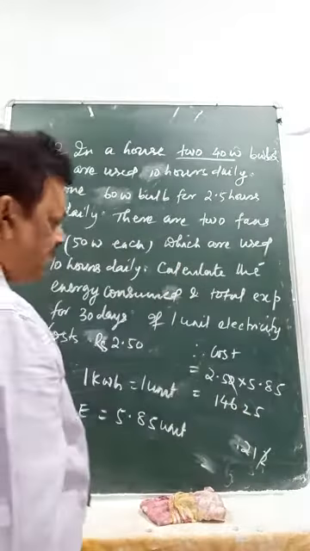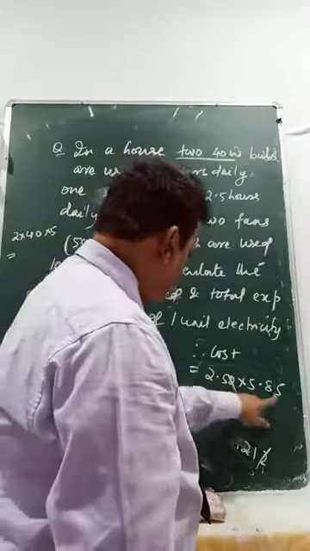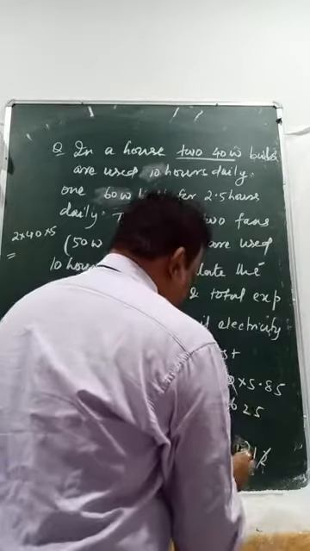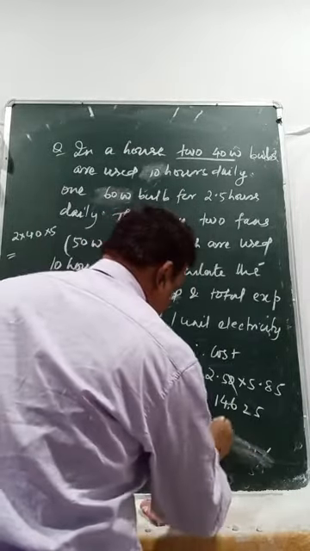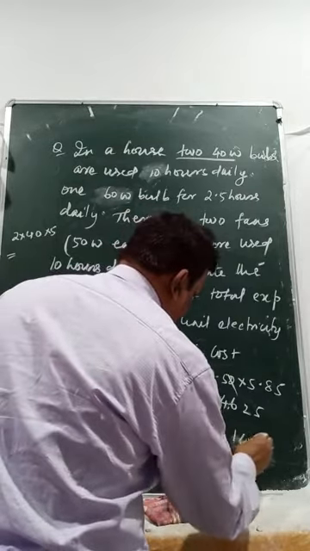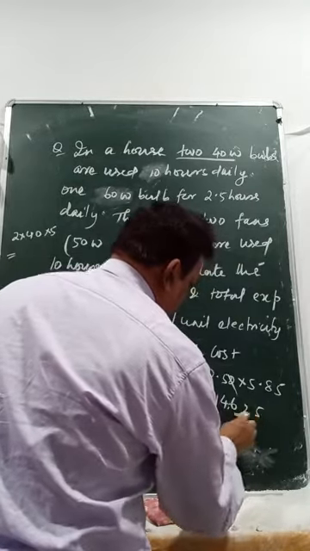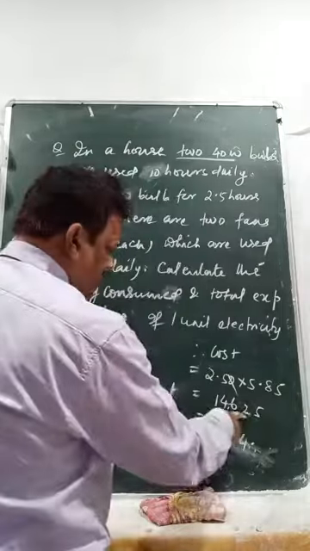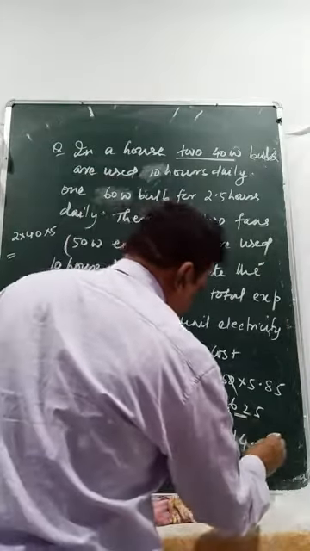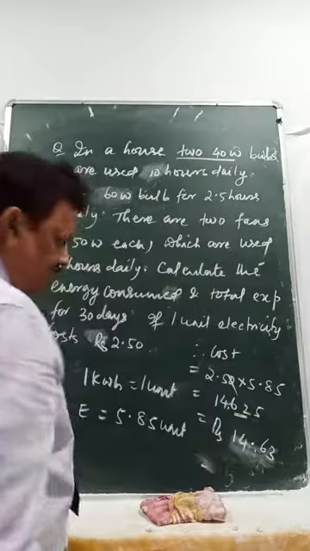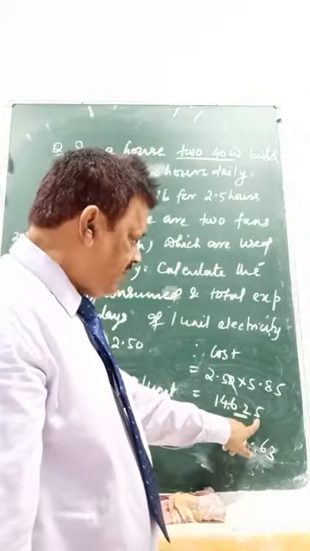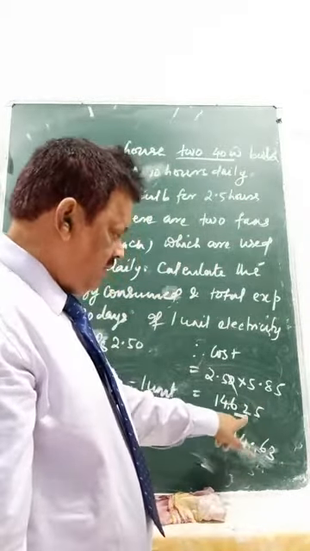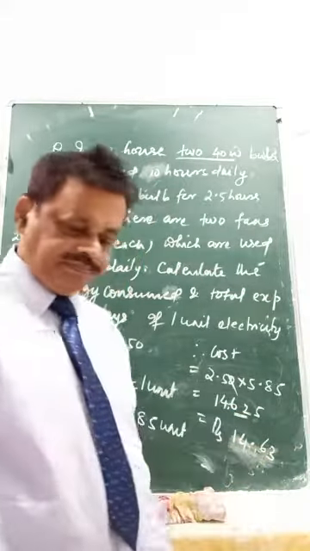After decimal 3 digits: 14.625. So that is rupees 14.625, round off up to 2 places. So when you round up to 2 places, the next digit is 5. 5 means you cancel it and add 1 to the previous number, so 14.63.